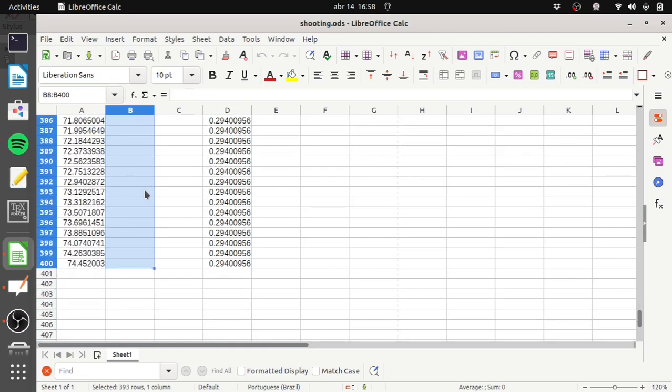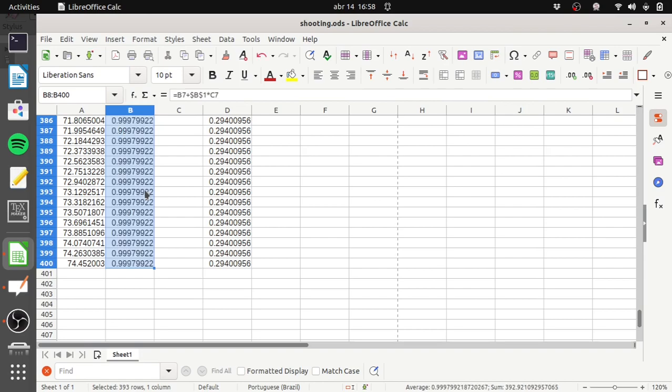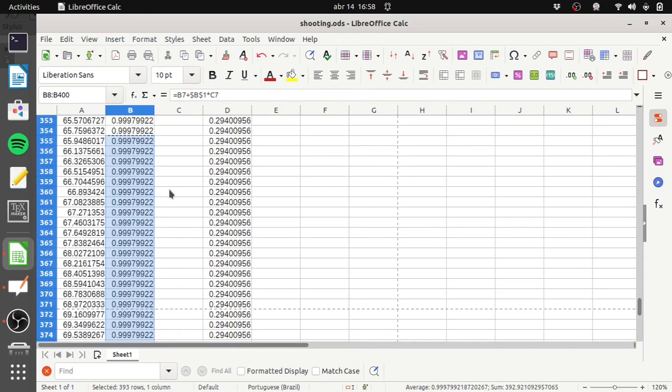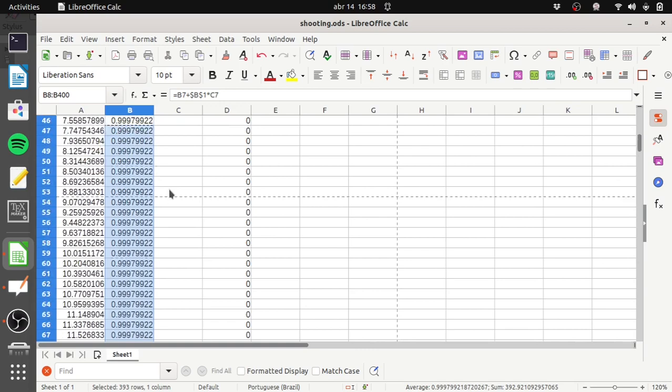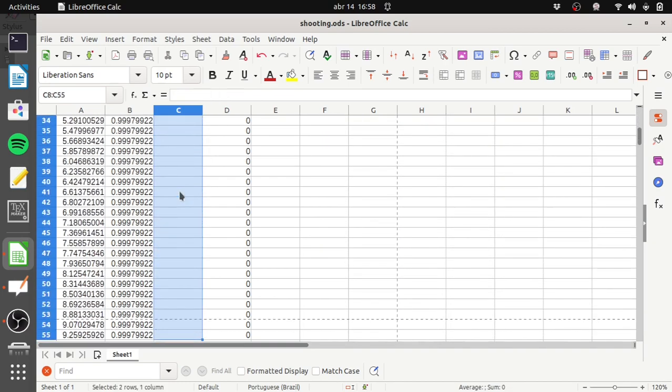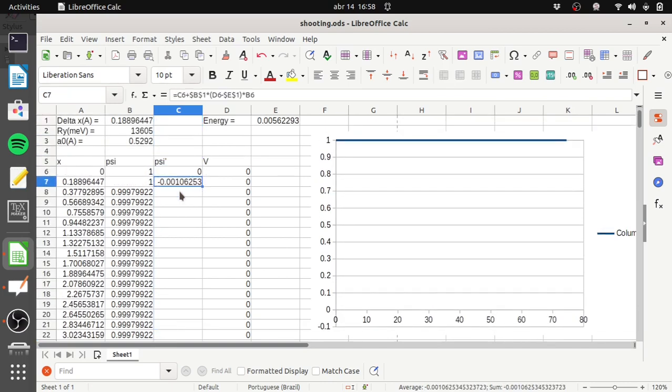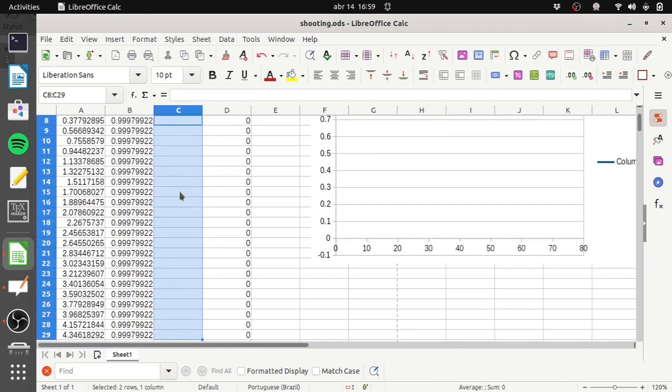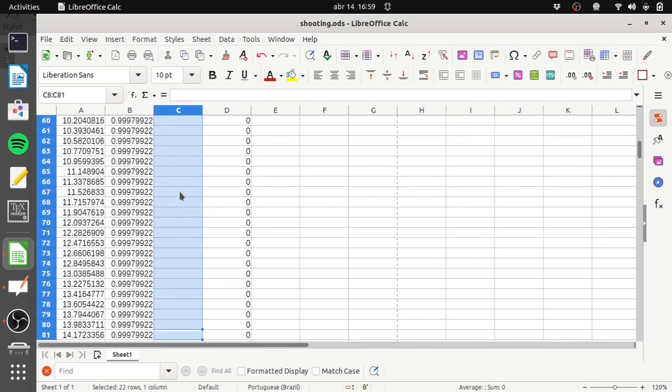So it may be that when I do it like that, there will be some wrong numbers right now, because it's 0 everywhere for the derivatives, right? Now I'm going to do the same for the derivatives. I'm going to repeat this formula all the way down here. So, did I press Ctrl C? Okay, Ctrl C on the formula, and now I will repeat the formula everywhere here.